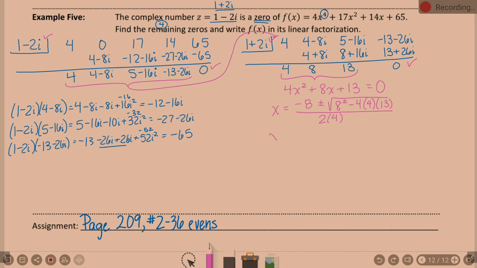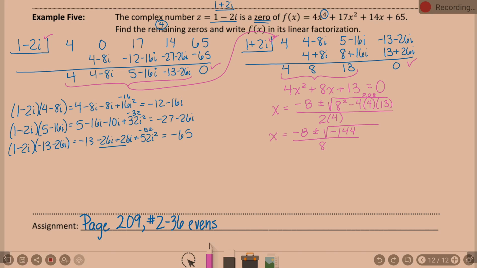Clean up: negative 8, plus or minus 64 minus 4 times 13, which it looks like I have written down is 208 in my notes. 64 minus 208 is negative 144, all over 8.